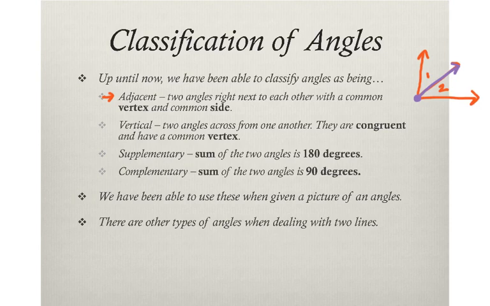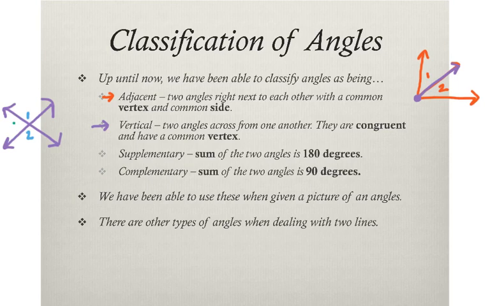Now, another type of angles that we have are vertical angles. And remember, vertical angles are directly across from one another, and they're always congruent, and they only have a common vertex. So if you have these 2 lines crossing, angle 1 and angle 2 would be vertical angles because they're directly across from one another.